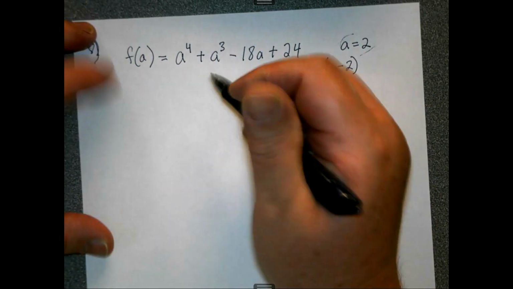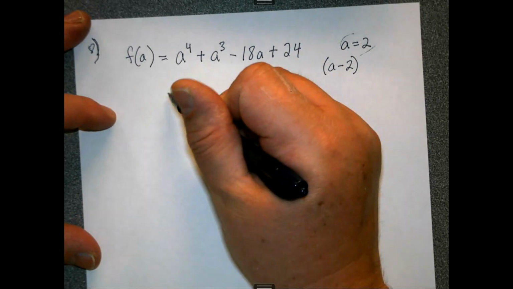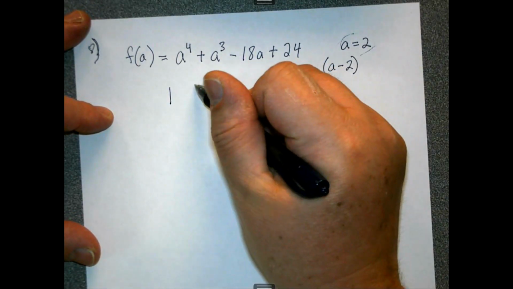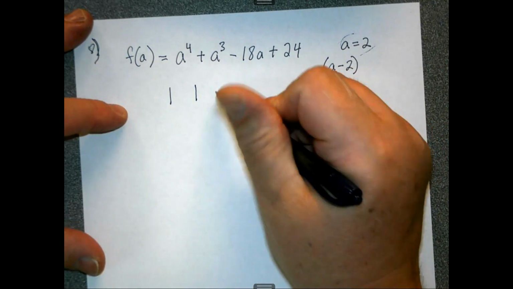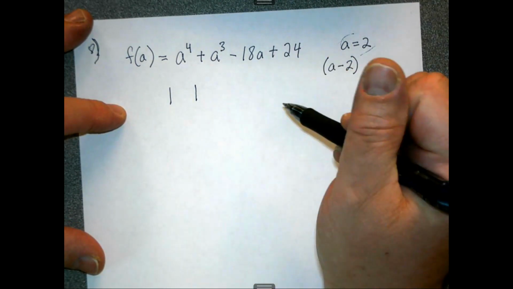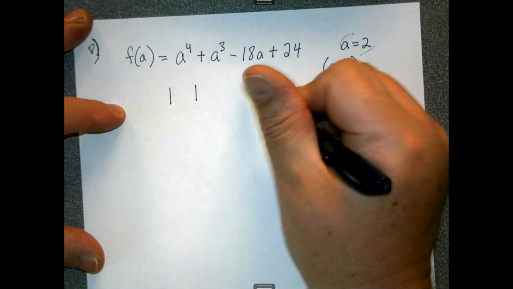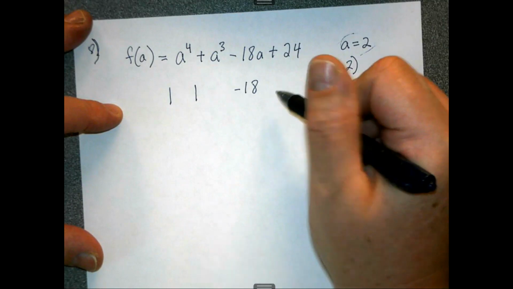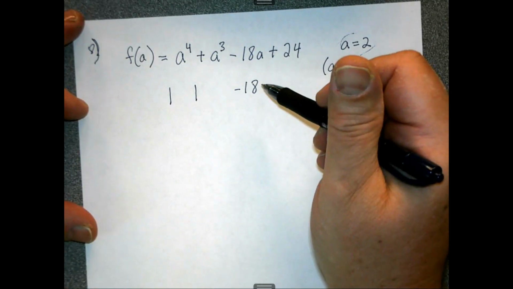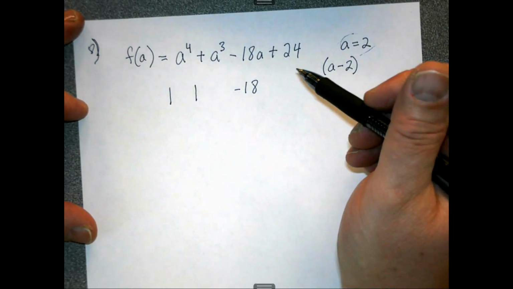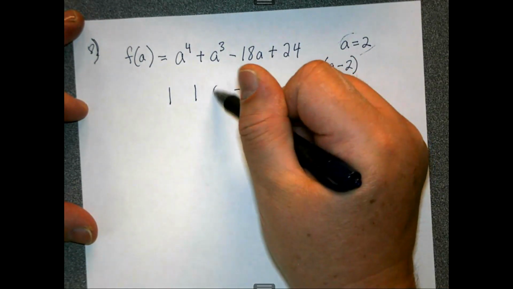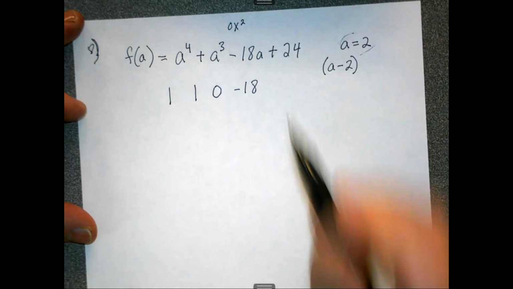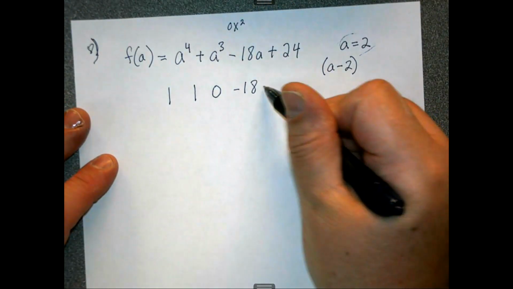Okay, ready? What are my coefficients? Coefficient of a to the fourth. Coefficient of a cubed. Coefficient of a squared. That's a to the first, right? What about a squared? 0. Good. Because there's a 0x squared there, right? And then my constant.